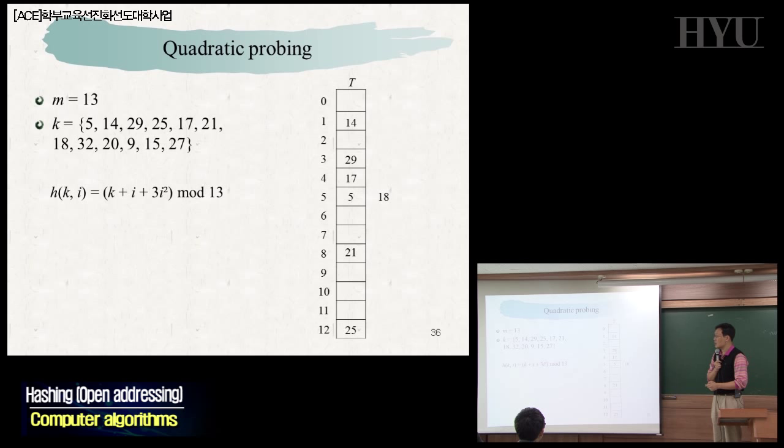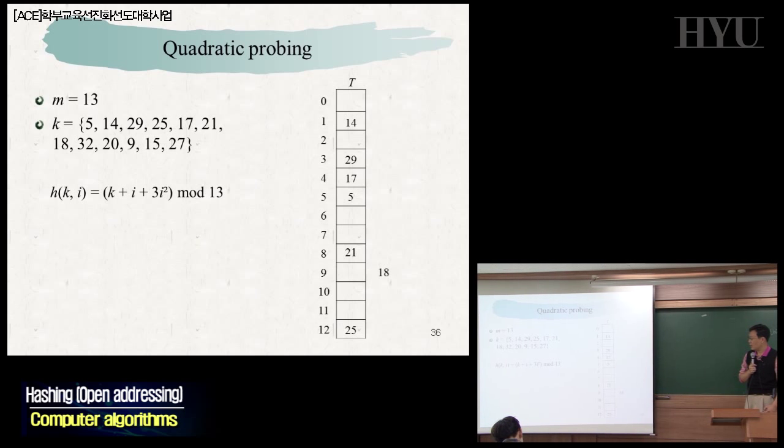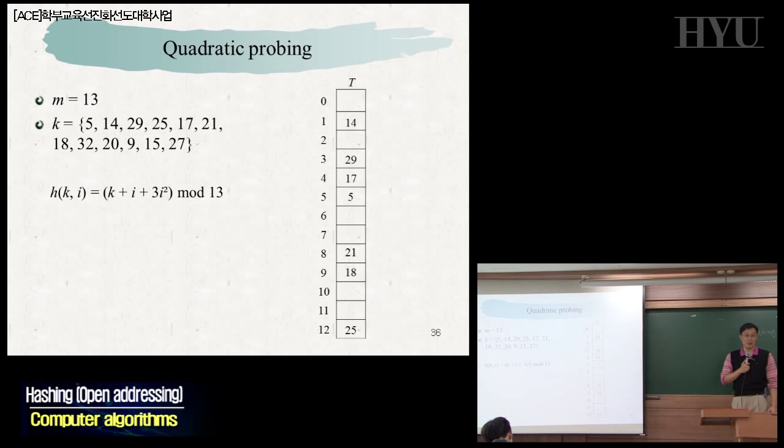Let's use this hash function. In this case, i is 1, so k plus 4. So we check 1, 2, 3, 4, which is 9, and then it is stored here.